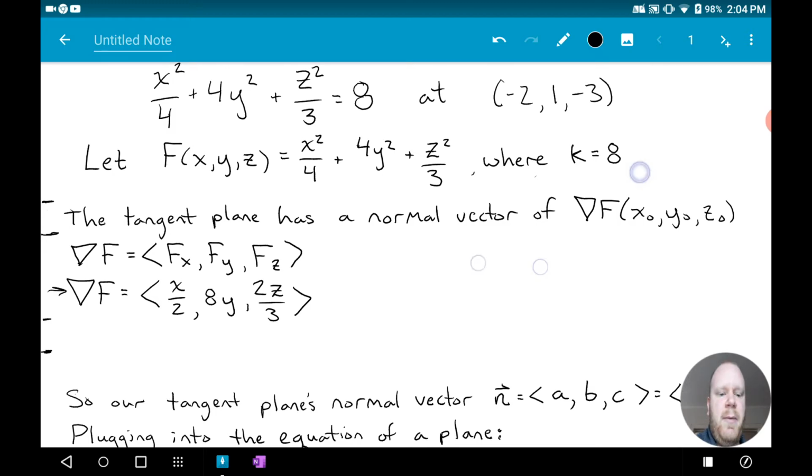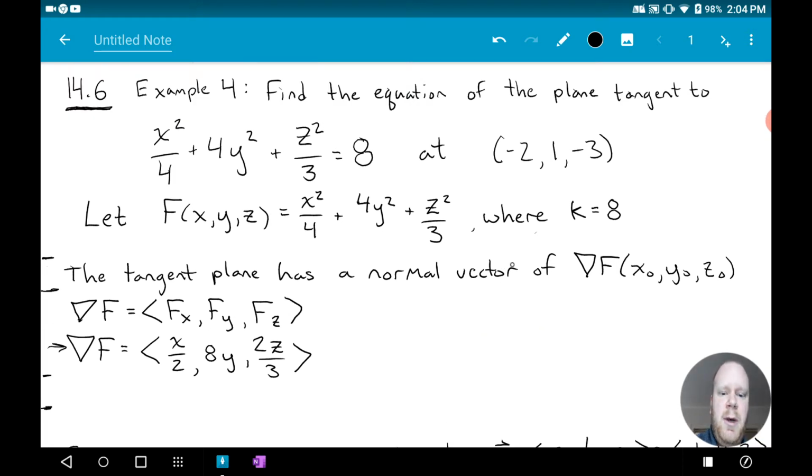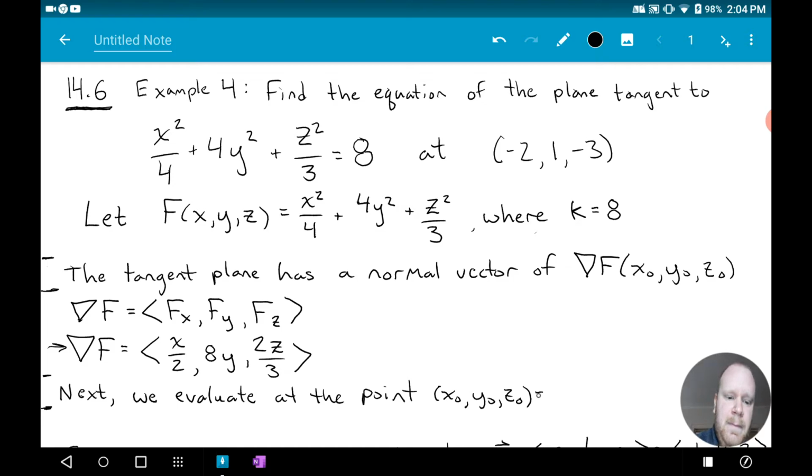Like I mentioned up above here, we need to evaluate this vector function at the point x naught, y naught, z naught, which is this point here.